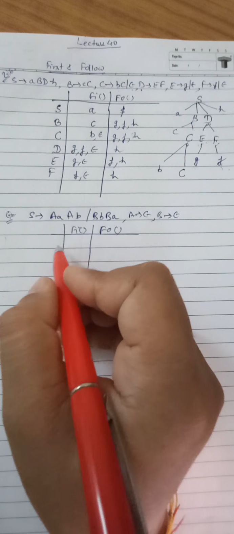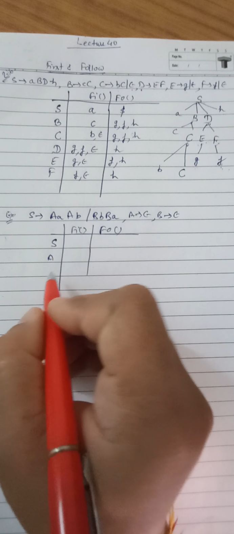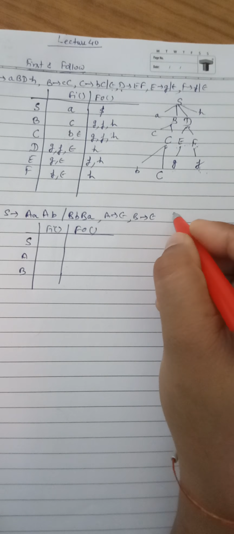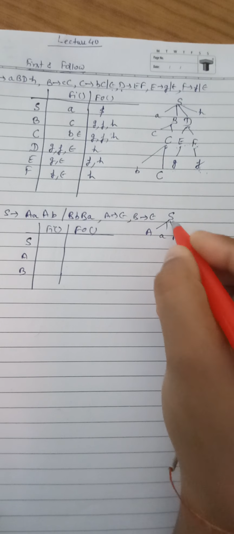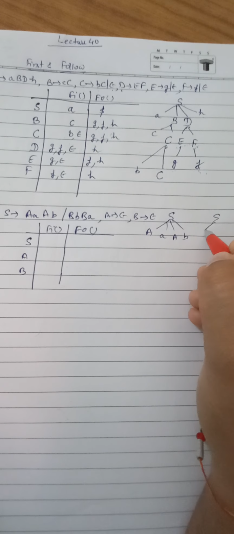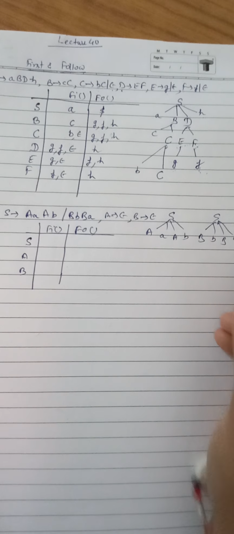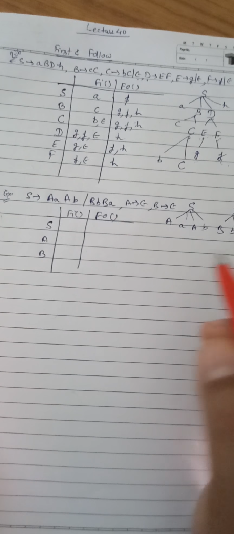What variables do we have? S, capital A, and B. From this we can make a tree like this, S tends to B, B, B, A. We have this grammar.